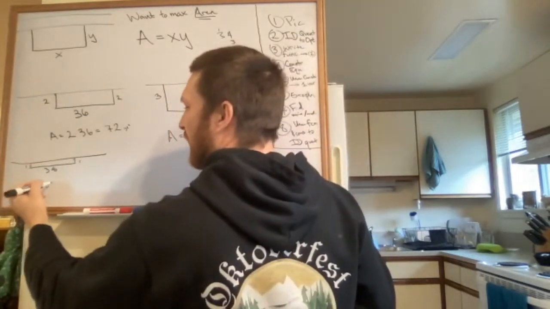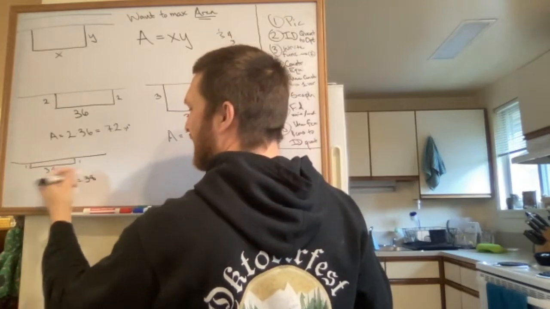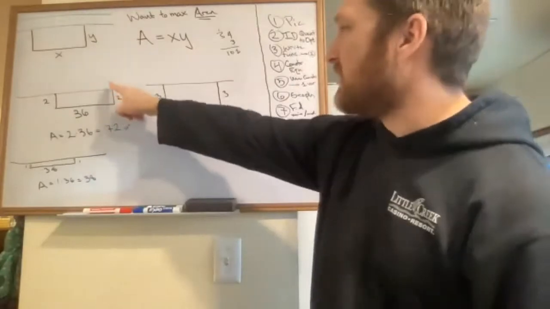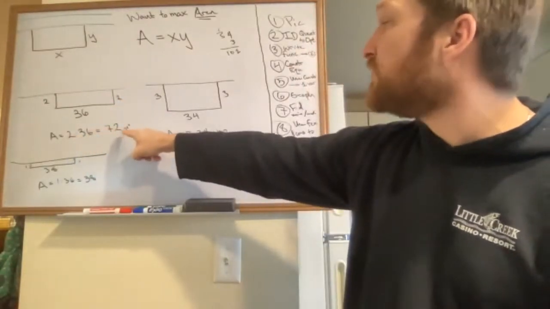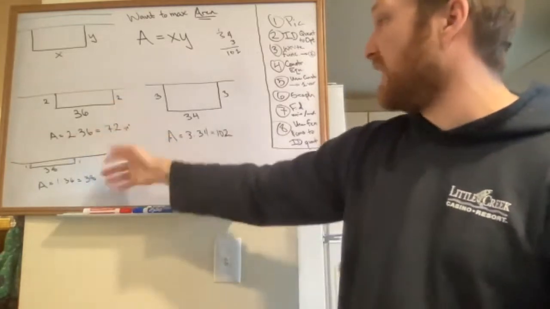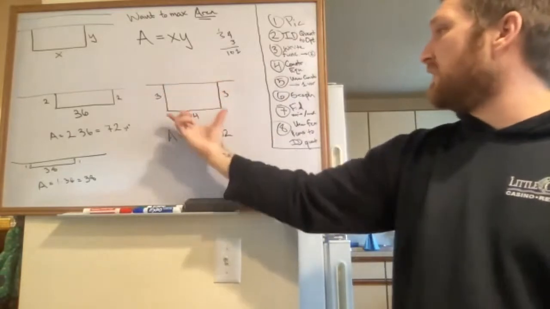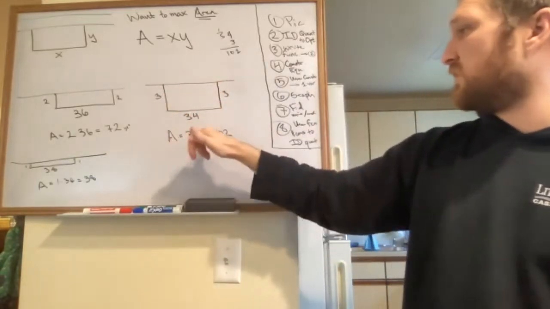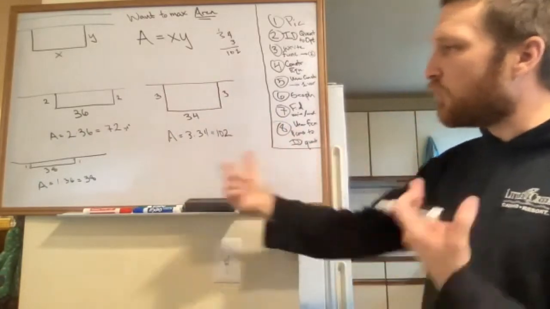My area would be 1 times 38, which is 38. That's not very big. But if I made this a little bit longer, I have 2 times 36, which is 72 yards. That's even bigger than 38. I would have a bigger area. But if I kept going with 3 in this direction and 34 this way, I have 3 times 34, which is 102. That's even bigger. But I'm going to run into a problem.